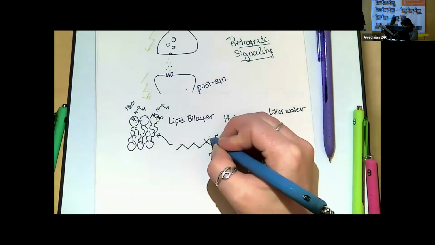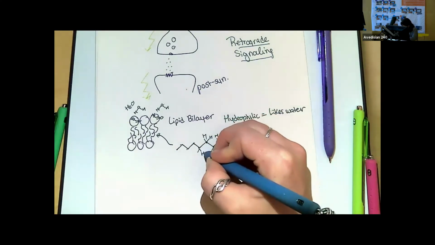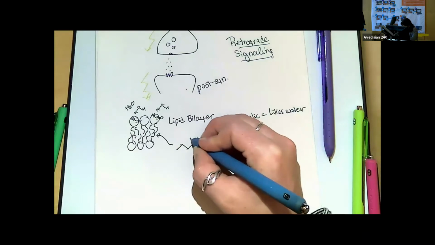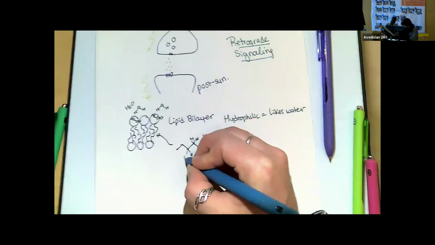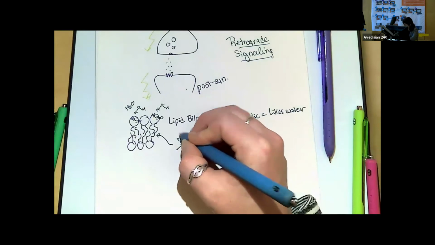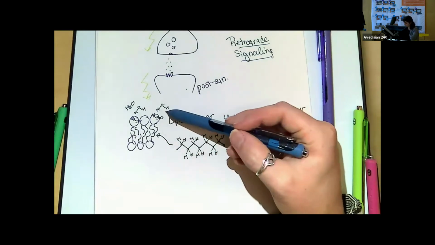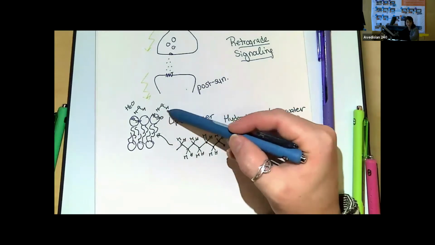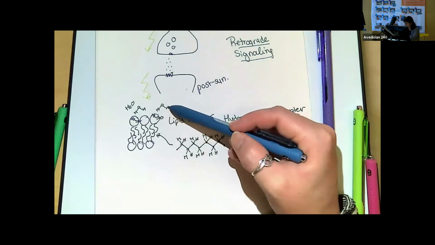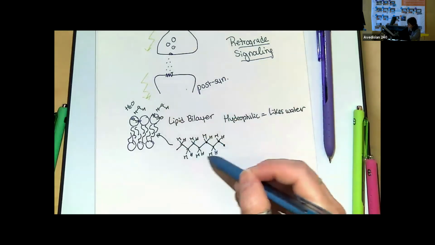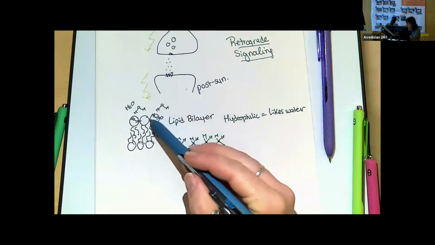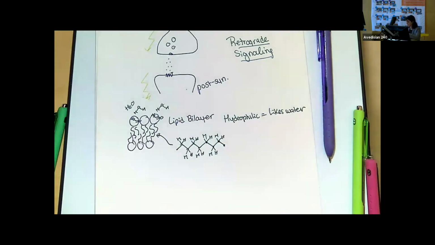They're just usually not drawn out. So again, a hydrocarbon is a very fatty molecule, and a hydroxyl is not a fatty molecule. It does not contain carbon and hydrogens. It's oxygen and hydrogen. So this is what the middle is composed of, and then the outside is composed of this.